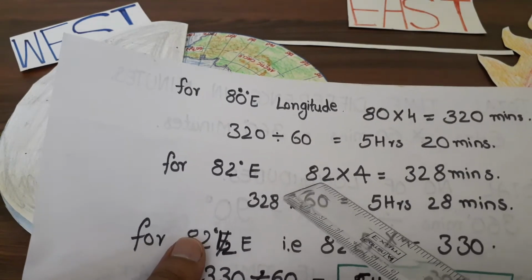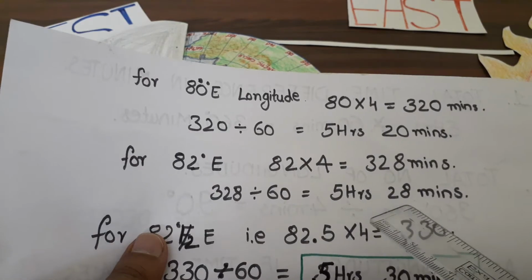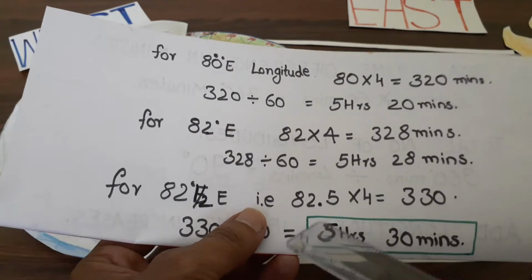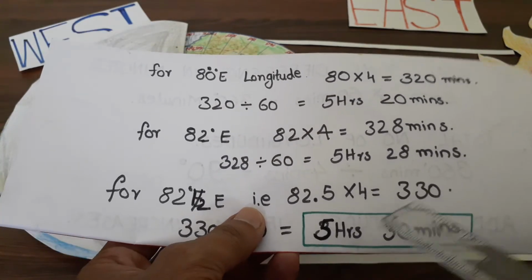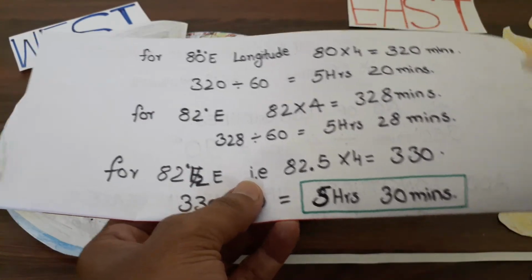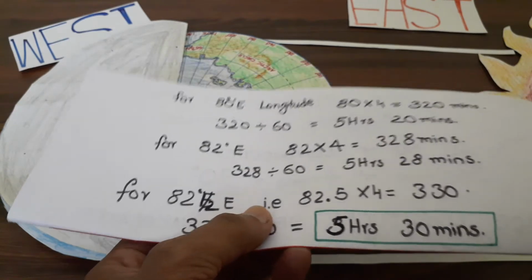Similarly, if I take 82 degrees, I'll get 5 hours 28 minutes as a time difference. Whereas if I take 82.5 degrees times 4, I get 330 minutes, which is 5 hours and 30 minutes. Therefore, of all these, I can take this as my standard time.